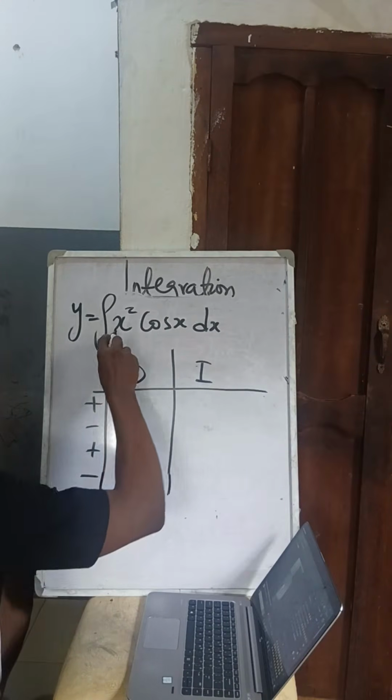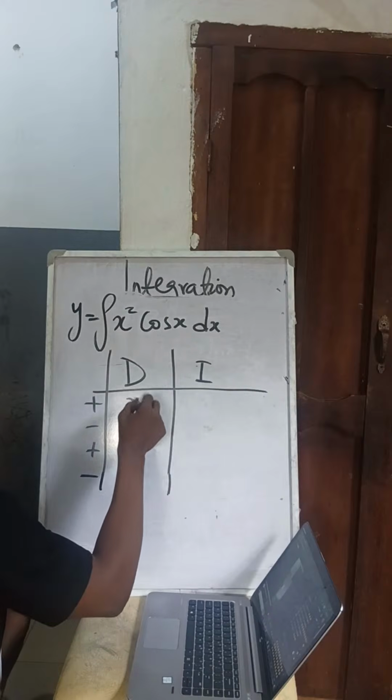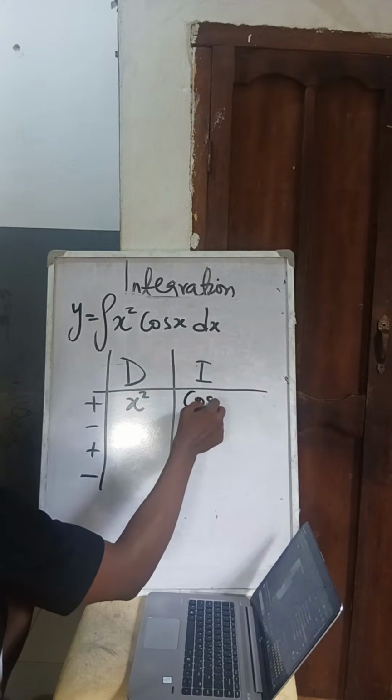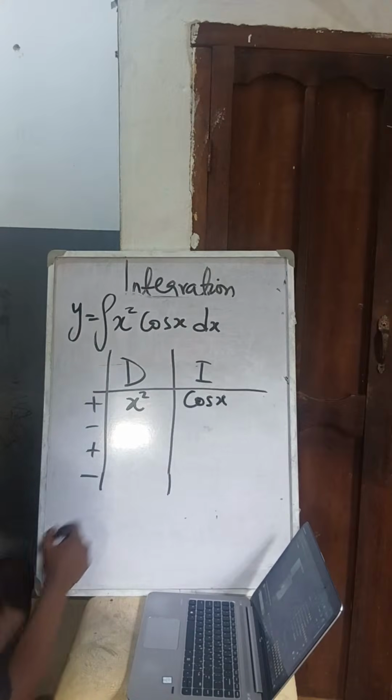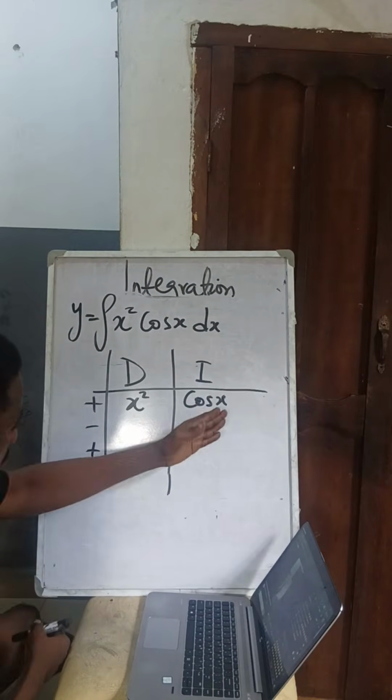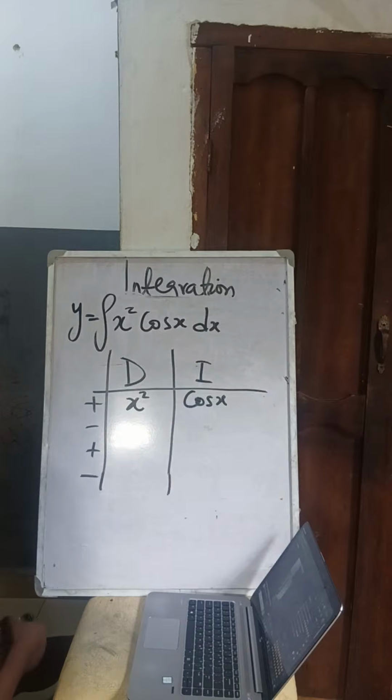So D, the one that is U, is x squared, then cos x is for integration.